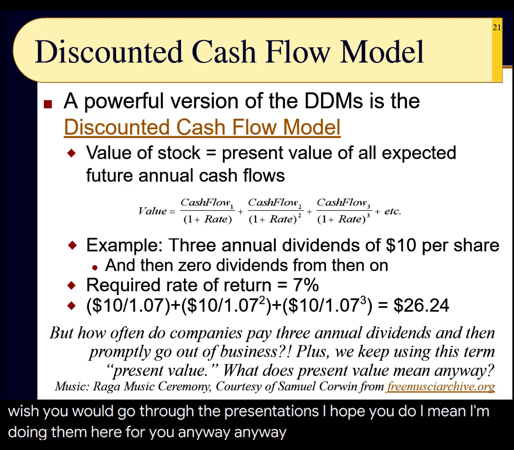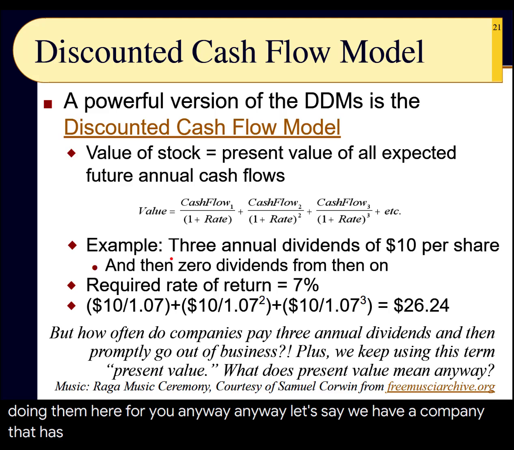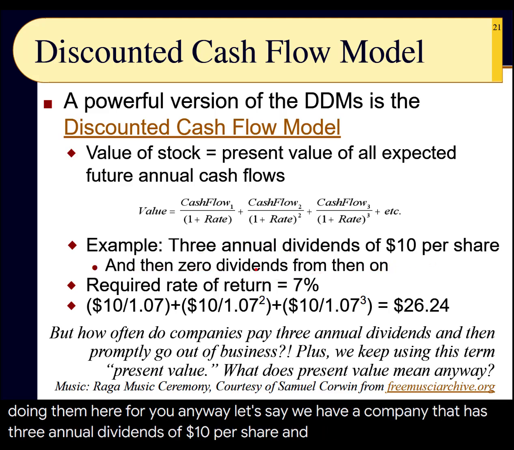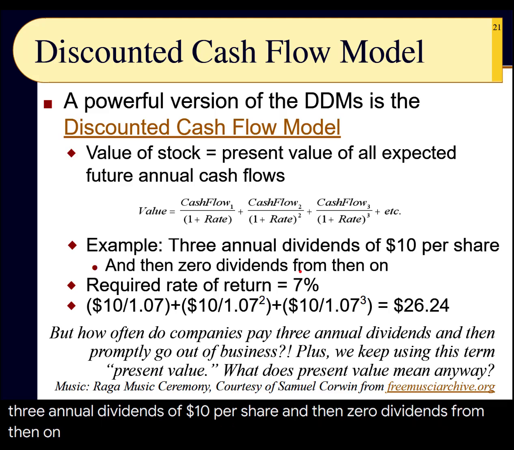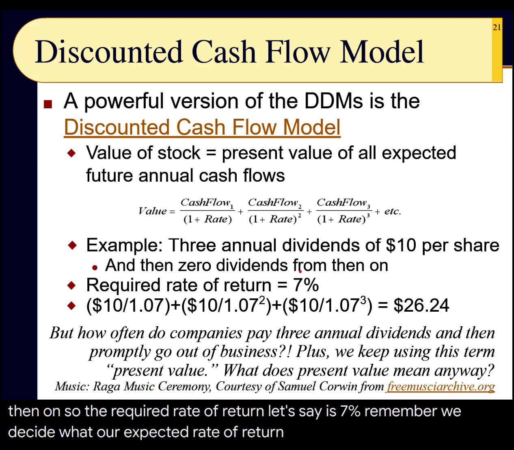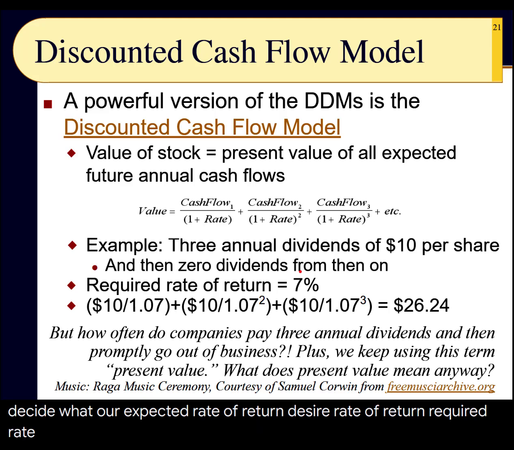Anyway, let's say we have a company that has 3 annual dividends of $10 per share and then 0 dividends from then on. So the required rate of return, let's say, is 7%. Remember, we decide what our expected rate of return, desired rate of return, required rate of return, the discount rate is. We decide. So let's try 7%.